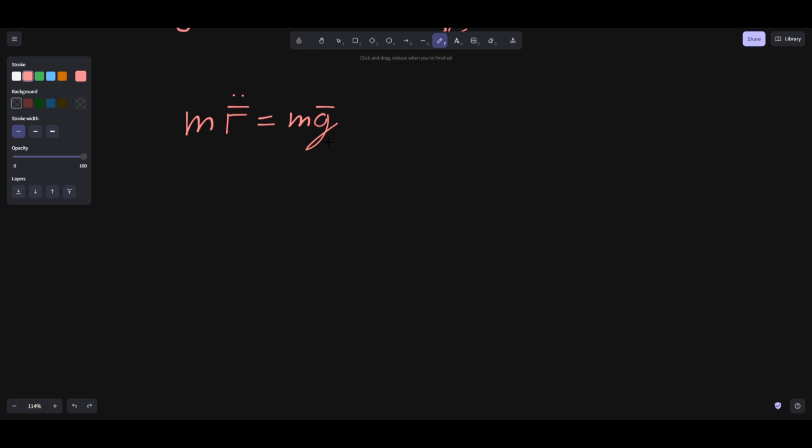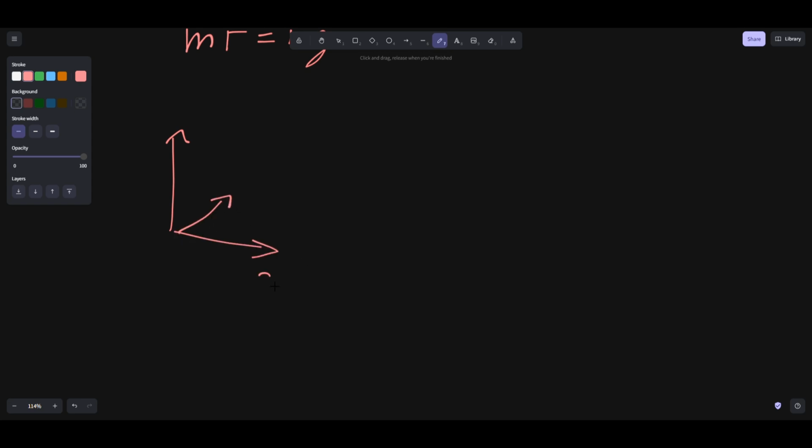If we choose the z-axis to be the vertical direction, we get the following equations for the accelerations in the various different directions. So let's say that we have a coordinate system, a right-handed one, say x, y, and z, and in this case, if we have just gravity acting on the particle, the acceleration in the x direction is equal to 0.